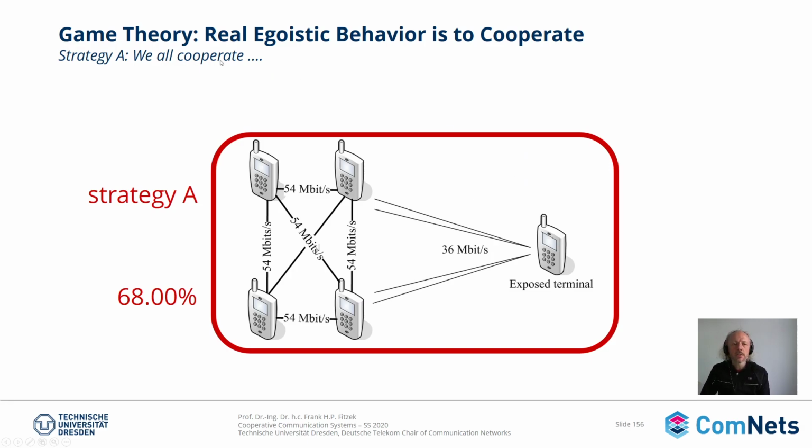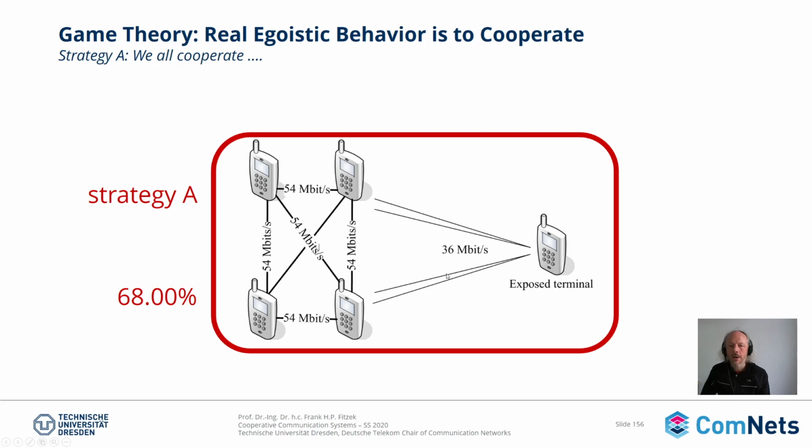So here you see 5 devices, and they are connected to each other. And this is strategy A, which we call a nice strategy, right? They say, let's get everybody on board. And in order to get everybody on board, we have now 5 terminals, and we only need 20% of the energy for getting it in the cellular context, but we need energy for exchanging it. And because this one exposed terminal is not so close, we cannot do the exchange with 54 megabit per second.